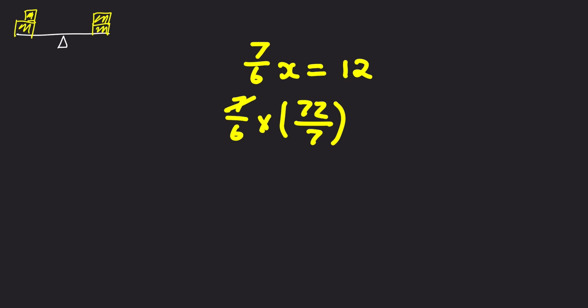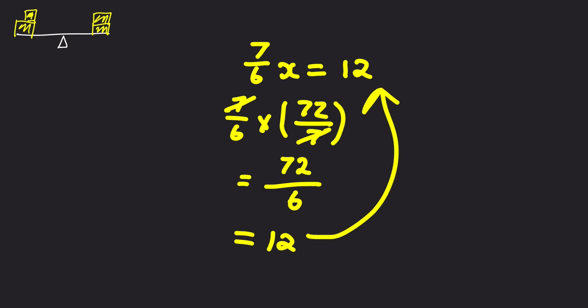Well, this 7 cancels out with this 7, and we then get that this equals 72 divided by 6. So 72 divided by 6, and what is that equal to? Well, that there is equal to 12. And so we've proven that this is equal to the right-hand side. We've proven that the boxes have the same weight, and we've proven the equation.